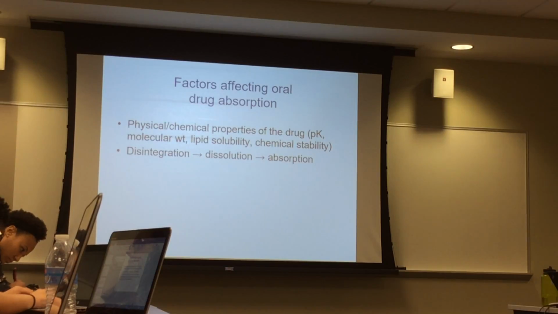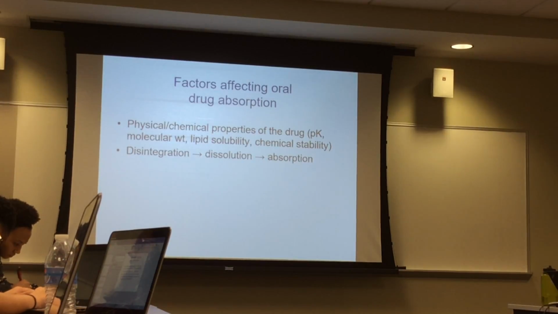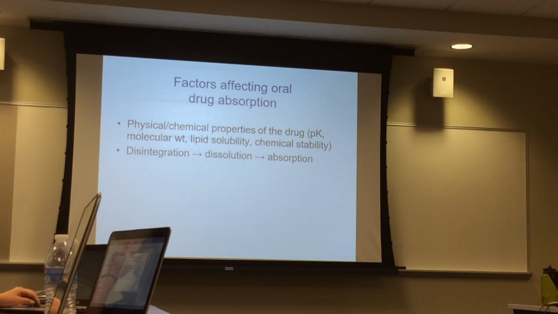The lipid solubility is very crucial in the absorption of any drug. The drug has to be lipid soluble enough to cross membranes, but at the same time it also has to be soluble in water enough to disintegrate in the volume of water that's present as soon as you cross the membrane. So there has to be a balance between hydrophilicity and lipophilicity.